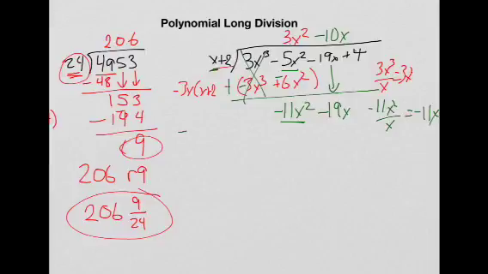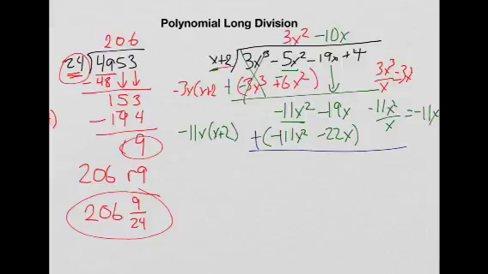I'm going to take my negative 11x times my x plus 2. Gives me a negative 11x squared minus 22x. And I'm going to subtract that. Again, I don't like subtracting, so I'm going to add the opposite. These will cancel out, and I'm going to end up with 3x. And I'll bring down the 4.